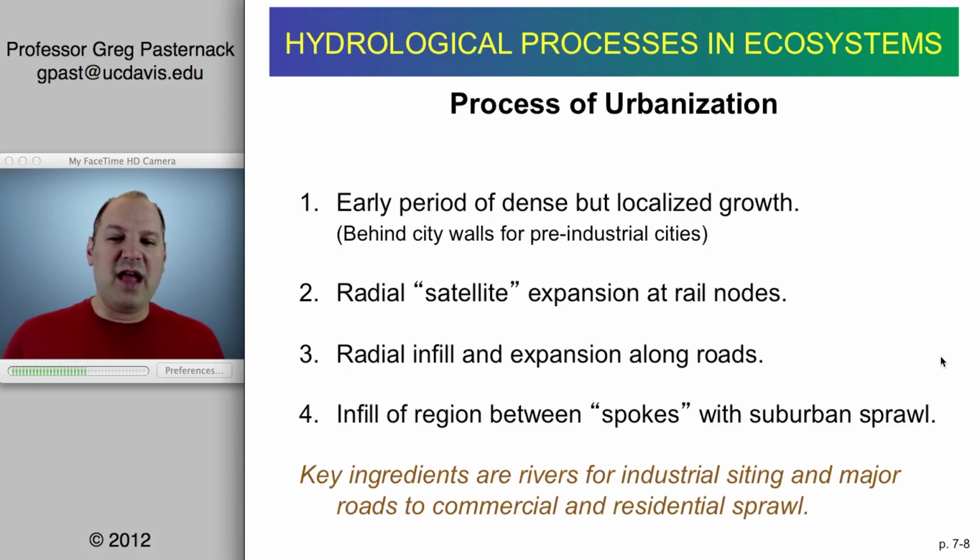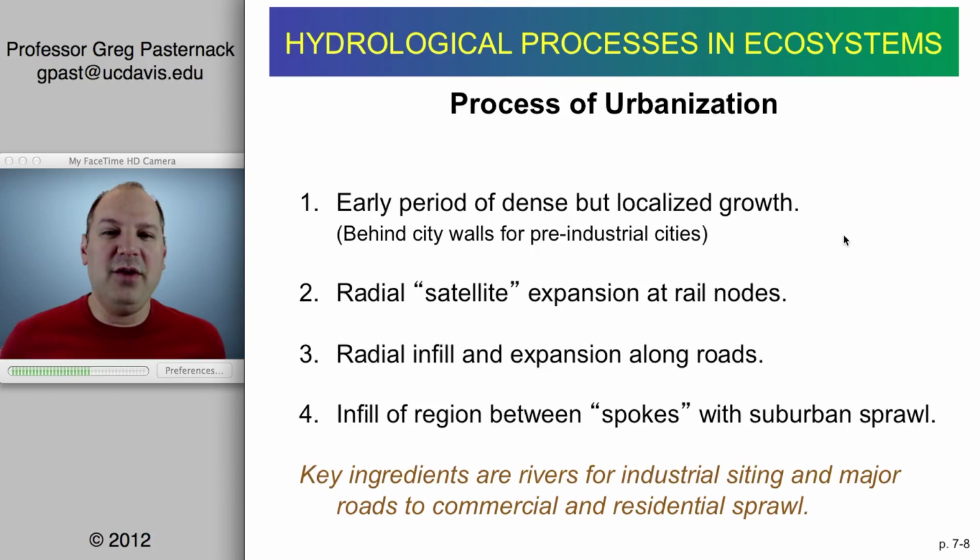But in the eastern half of the United States, you began in the pre-industrialized era, where you would have highly localized growth, and you might have people that are behind town walls, or if it's big enough, city walls, and so they're just not going to be likely to move out there unless they're woodsmen or farmers, and they're willing to take the risk of being attacked.